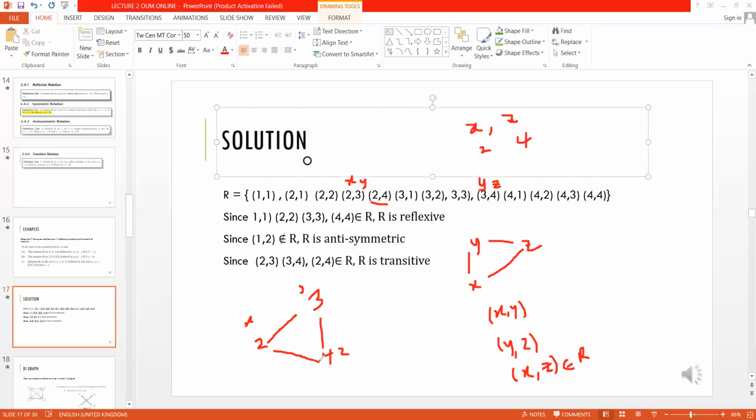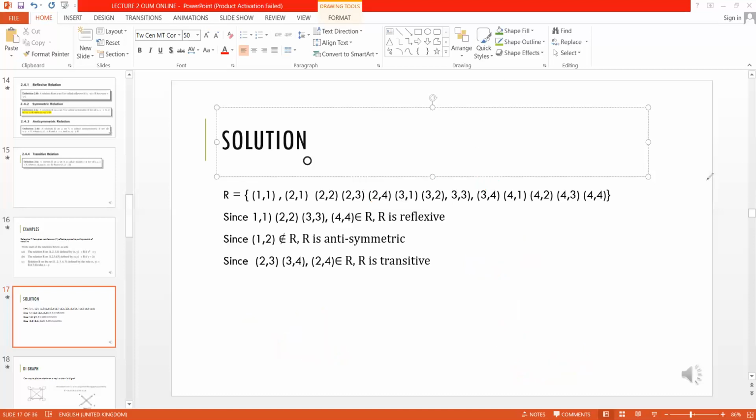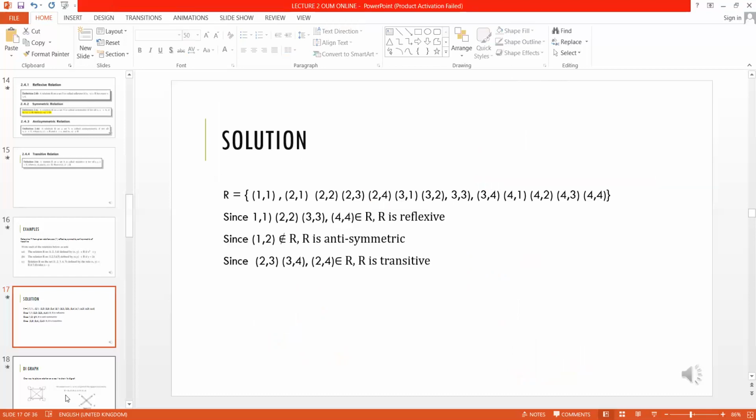So then we know that this relation is reflexive, it's anti-symmetric, and it's transitive. Any question? Okay, very well. I guess that is clear enough with the absence of any questions.